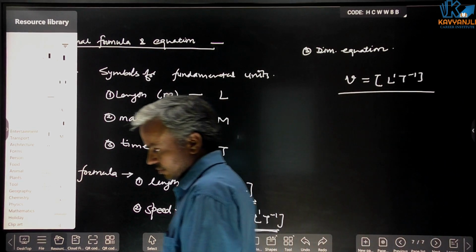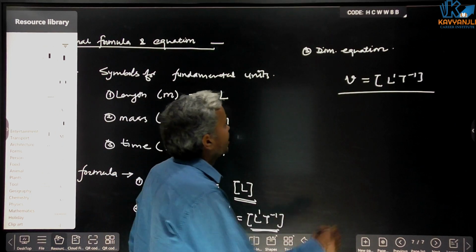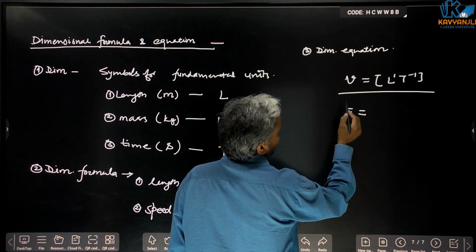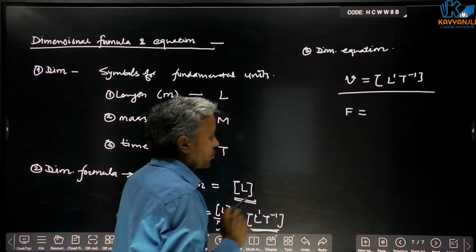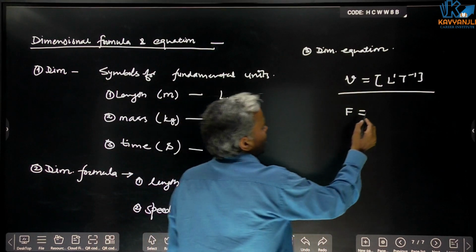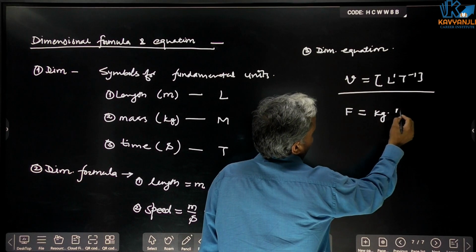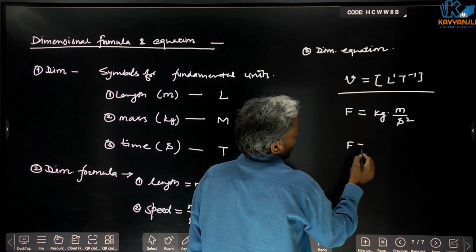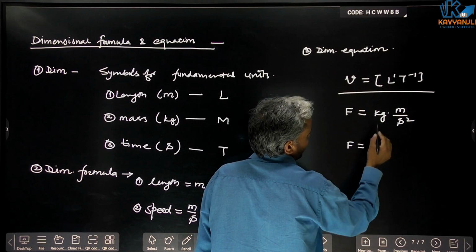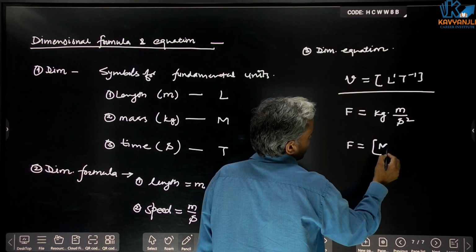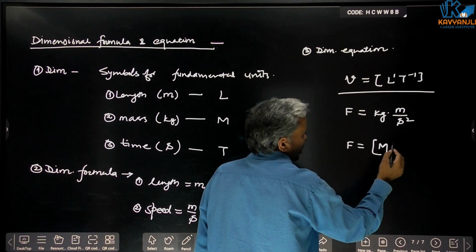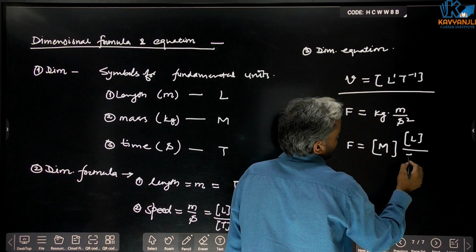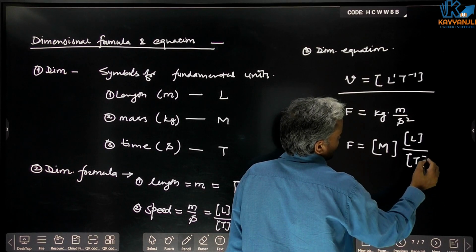Another example is force. The force symbol is F. What will be the unit of F? It is kg meter per second square. So what will be the formula? In the equation, kg represents the mass, meter represents the length, second represents time, and its square.